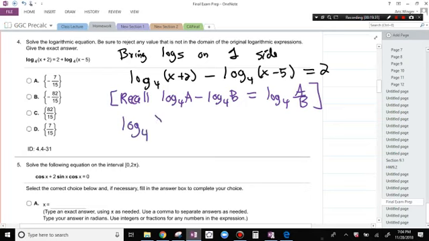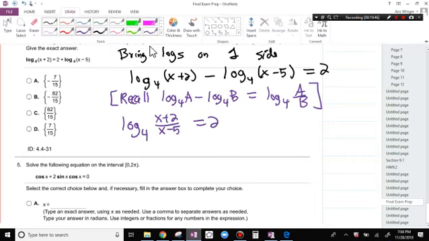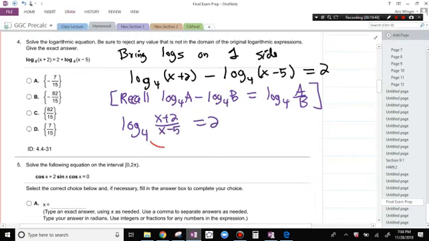Log base 4 of (x plus 2) over (x minus 5) is equal to 2. Now we just invoke the definition. The log is the power. So this means that 4 to this power equals this, and then we can solve for x. 4 to the second power equals x plus 2 over x minus 5. And then we can go ahead and do the algebra.